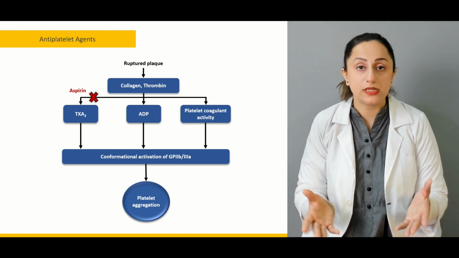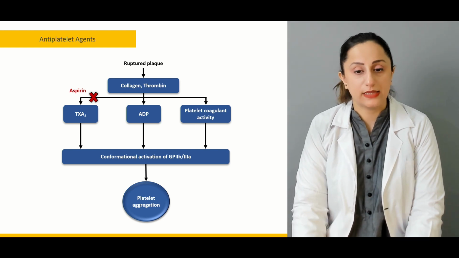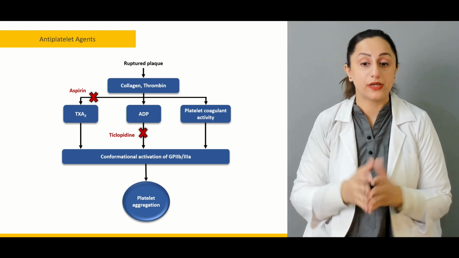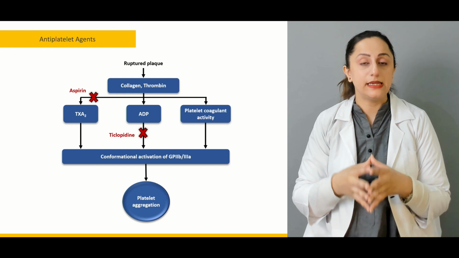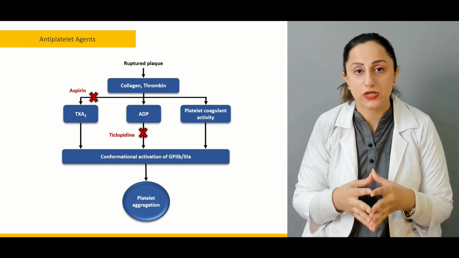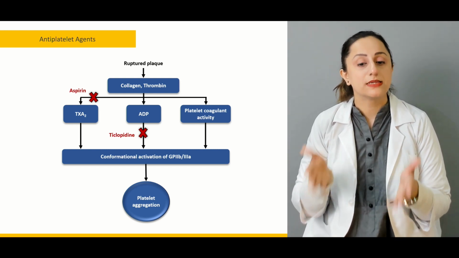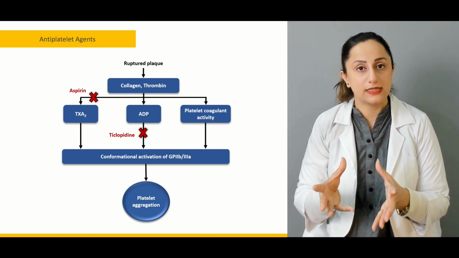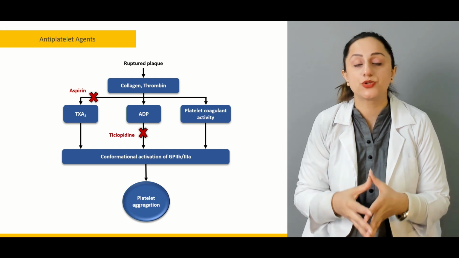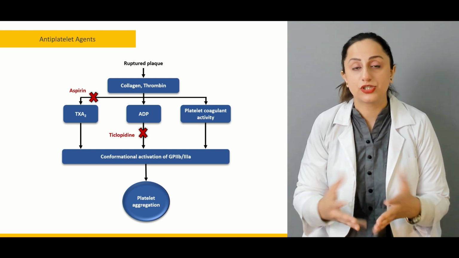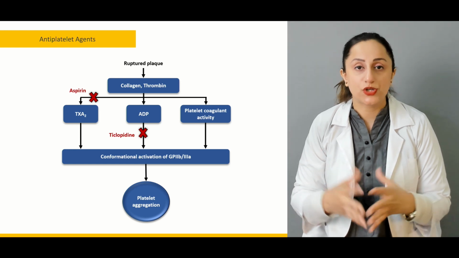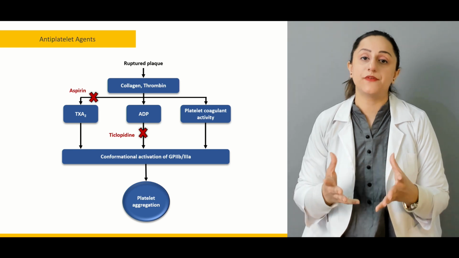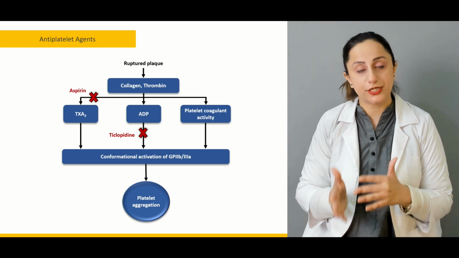We have other variants that we can choose from in these individuals, ranging from ticlopidine. It's one of the variants out here, and it inhibits the uptake of adenosine diphosphate, which is one of the major steps over here. As you can see, it inhibits the uptake of the adenosine diphosphate, and finally it is going to stop the platelet aggregation because the receptors are not going to be activated on the platelets. We have a lot of adverse effects that are associated with ticlopidine.